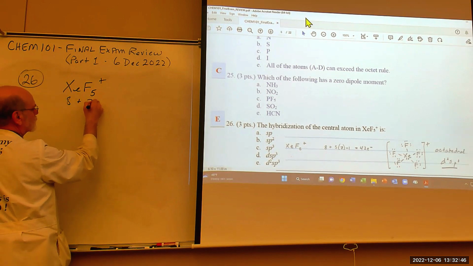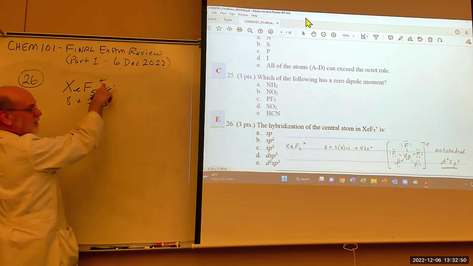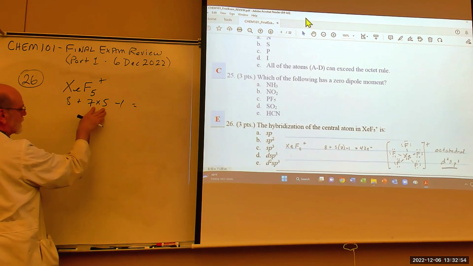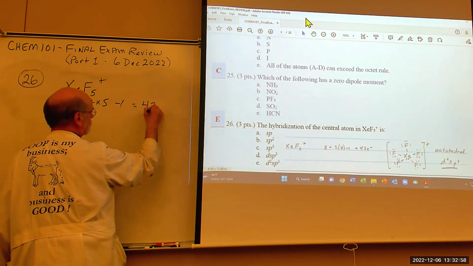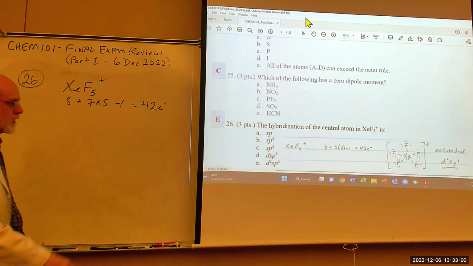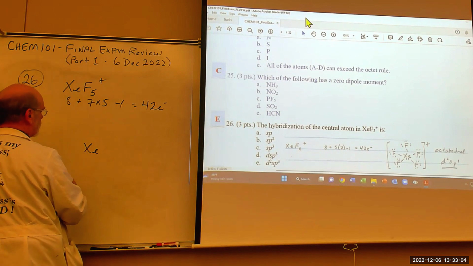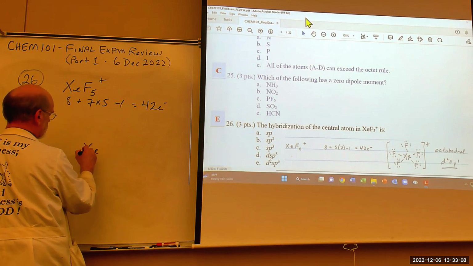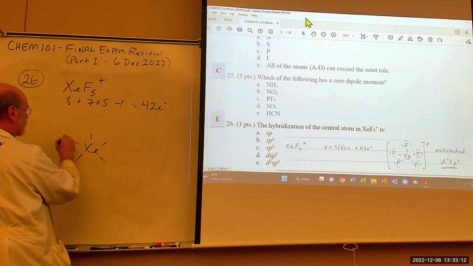We have 7 for each of the fluorines times 5, but we lost 1. So it's 6 times 7, 42 electrons. Okay, so we draw our molecule, and we have 5 in there, so we just draw them like this for now because we don't know the geometry.